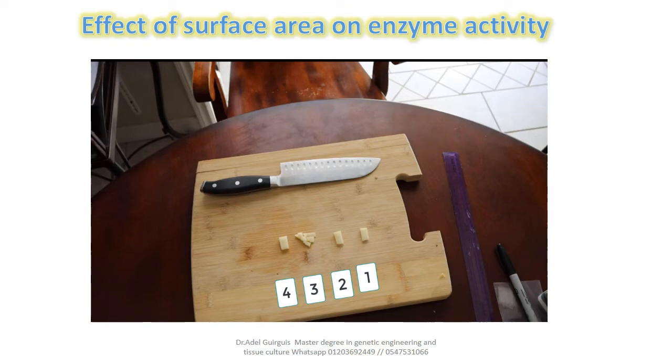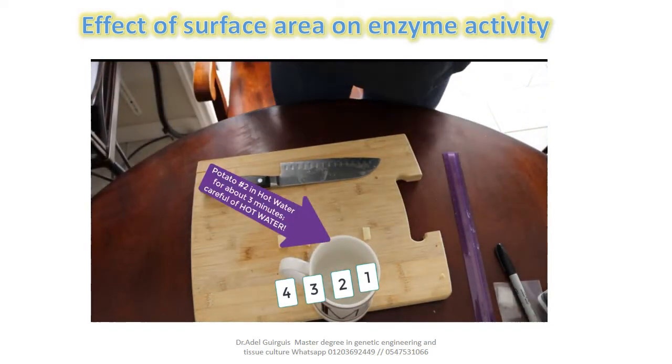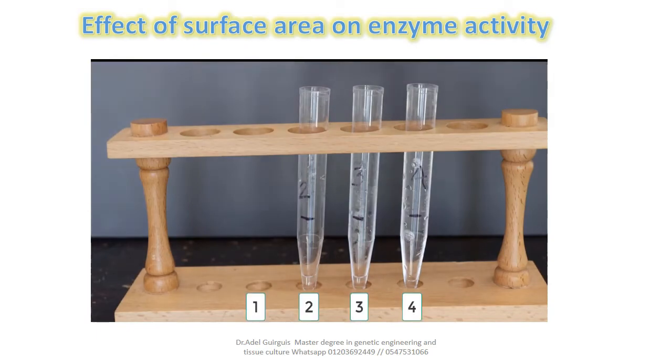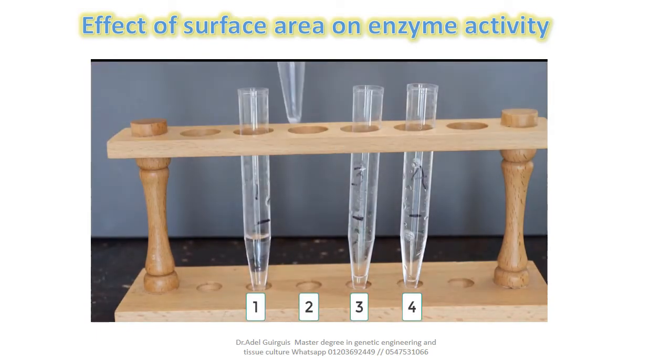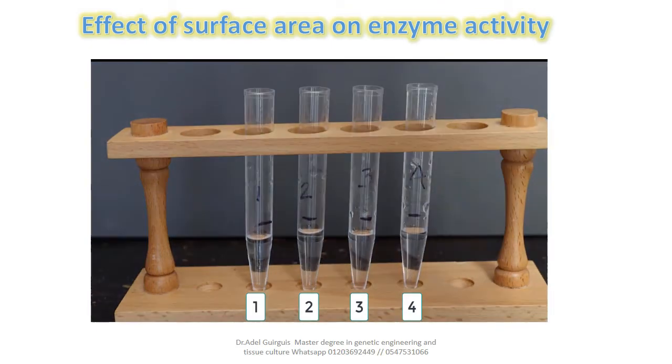So 1 centimeter by 2 centimeters by half a centimeter, and then potato 2 we're going to put in boiling water for a few minutes. Then we set up our test tubes, and we have 4 test tubes, 1, 2, 3, and 4, that will correspond to our potatoes.